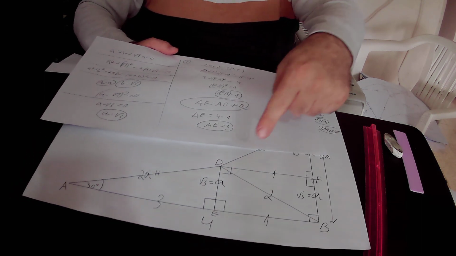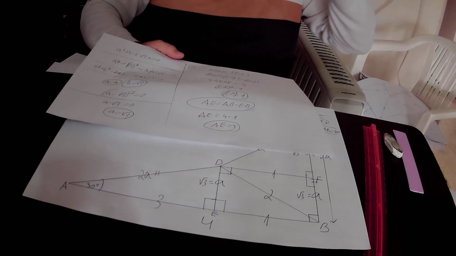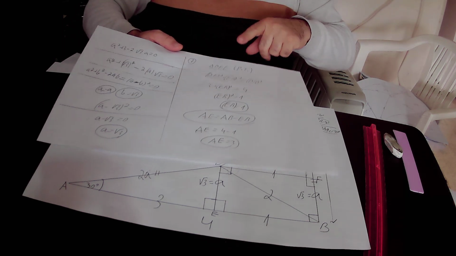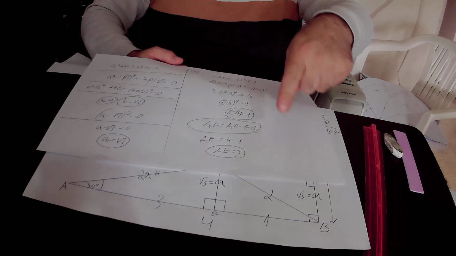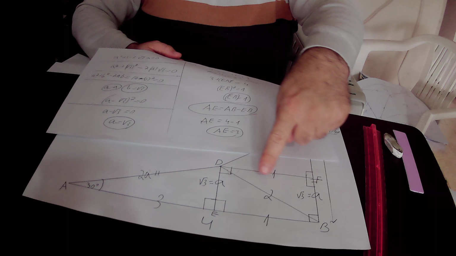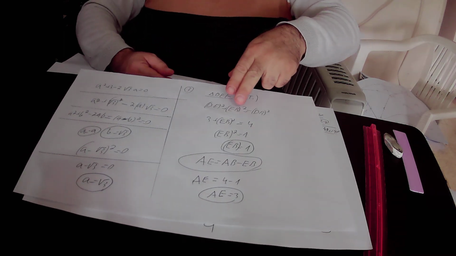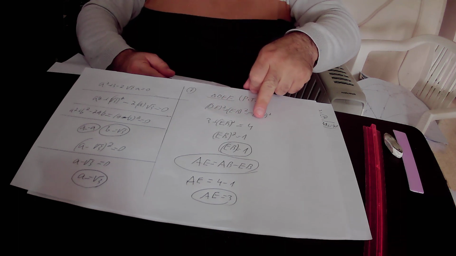DE equals square root of 3, so DE squared is square root of 3 squared, which is 3. EB squared is the missing variable, and it equals DB squared. DB is 2, so DB squared is 2 squared, which is 4. So we got that 3 plus EB squared equals 4.